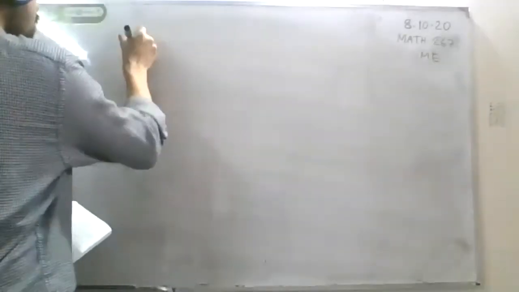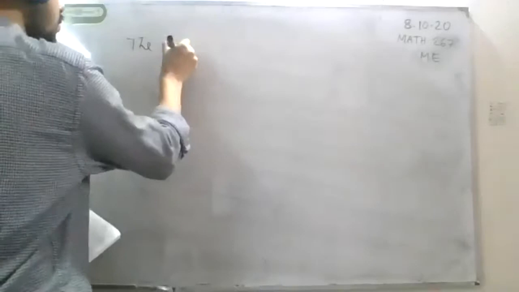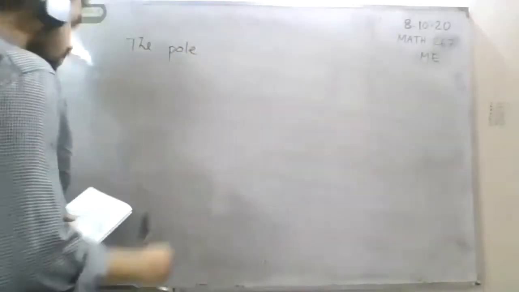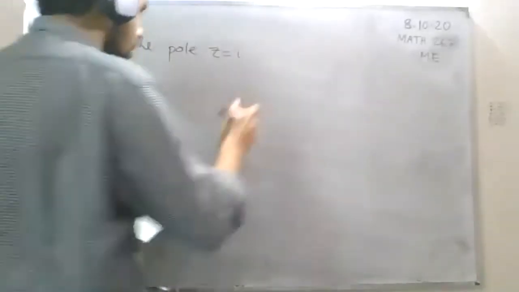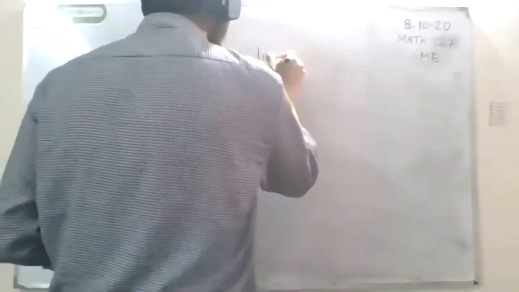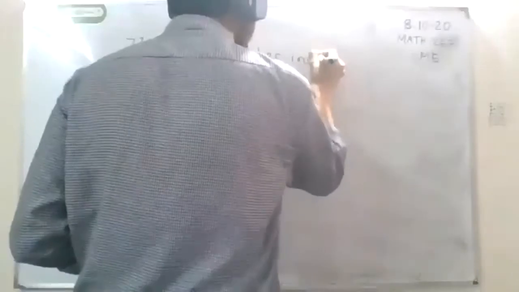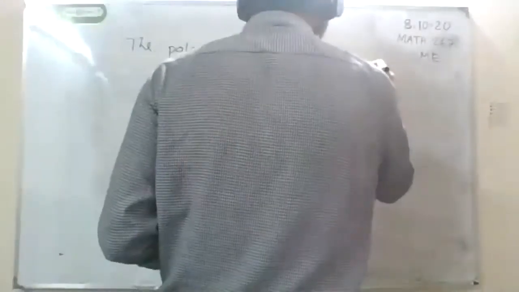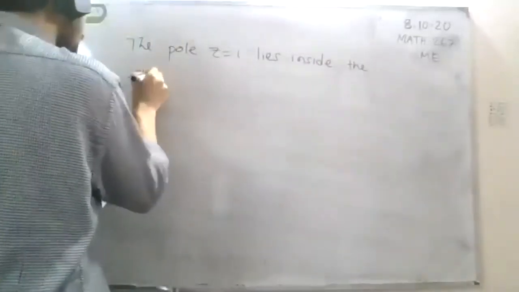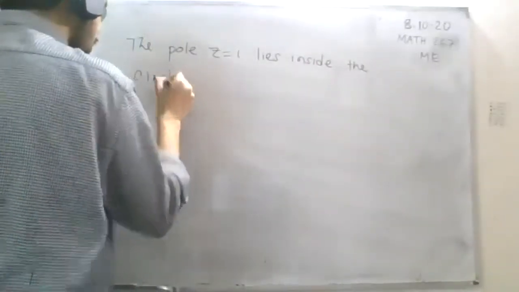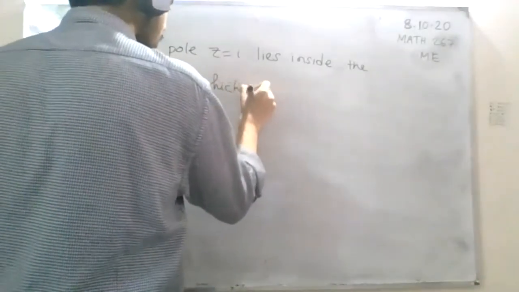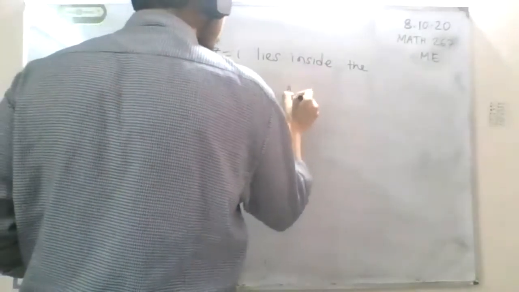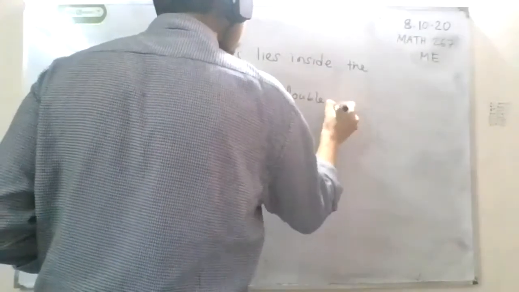Now the pole z equals i lies inside the circle, which is a double pole.